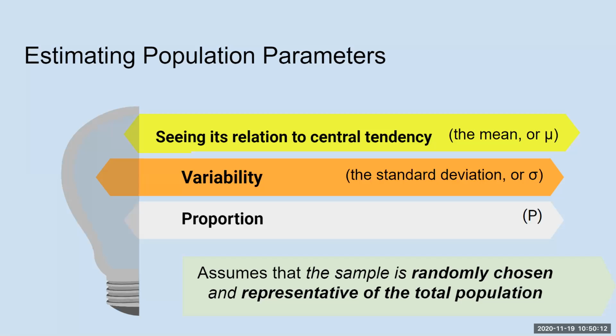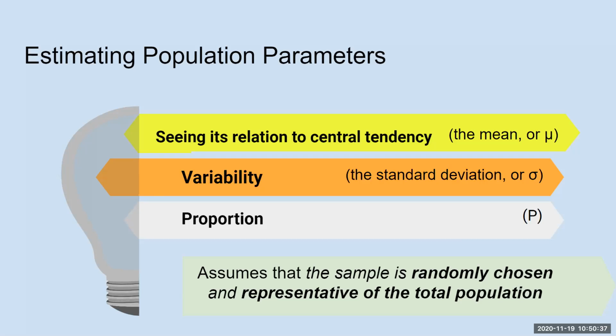Now, let's go on to estimating the population parameters. Inferential statistics can tell us how close sample statistics are to the overall population. It estimates the population by one way is seeing the relation between the central tendency or the mean, or seeing the relationship with the variability, the standard deviation, and seeing the relationship with proportion.